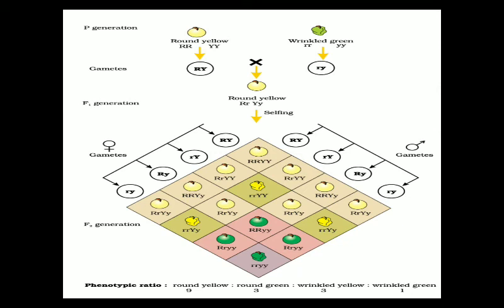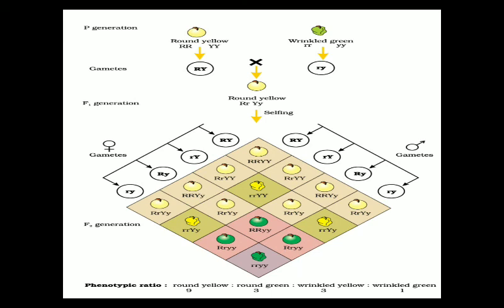Similarly, Mendel expected a 15 is to 1 ratio in the dihybrid cross, meaning 15 plants would possess both dominant traits and only one plant would possess the recessive trait. That is, 15 plants would be round with yellow seed color, and only one plant would have wrinkled seed and green color.